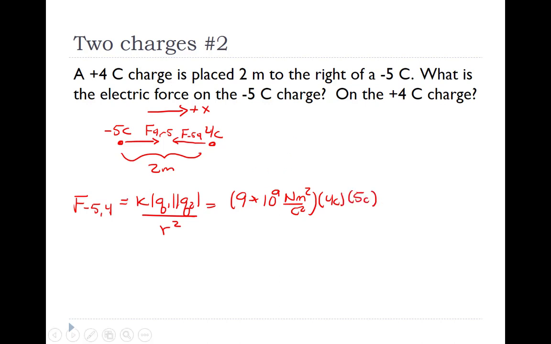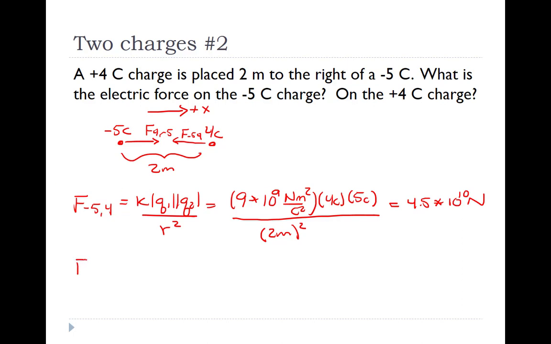Notice I absolute valued the charge here. I don't want that negative sign coming in and messing things up. Just as with the last example, this math works out to be 4.5 times 10 to the 10th newtons.